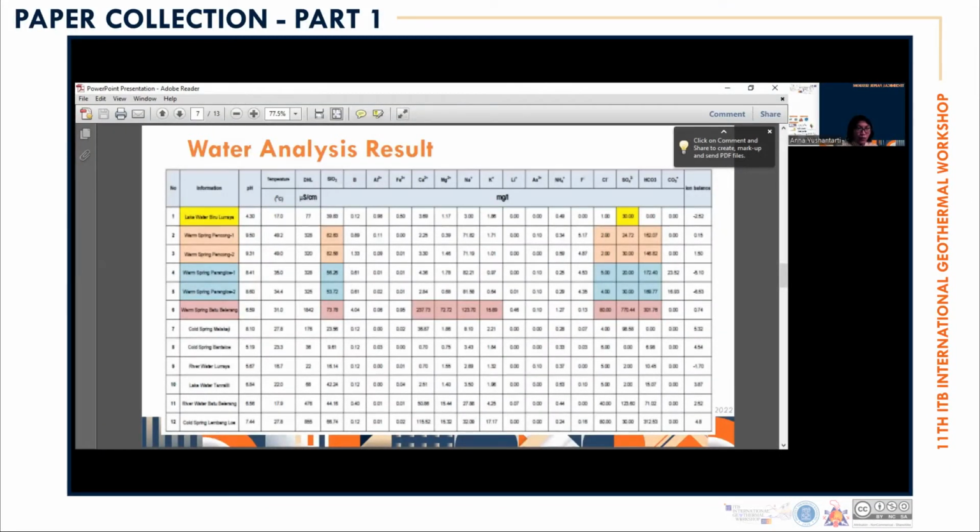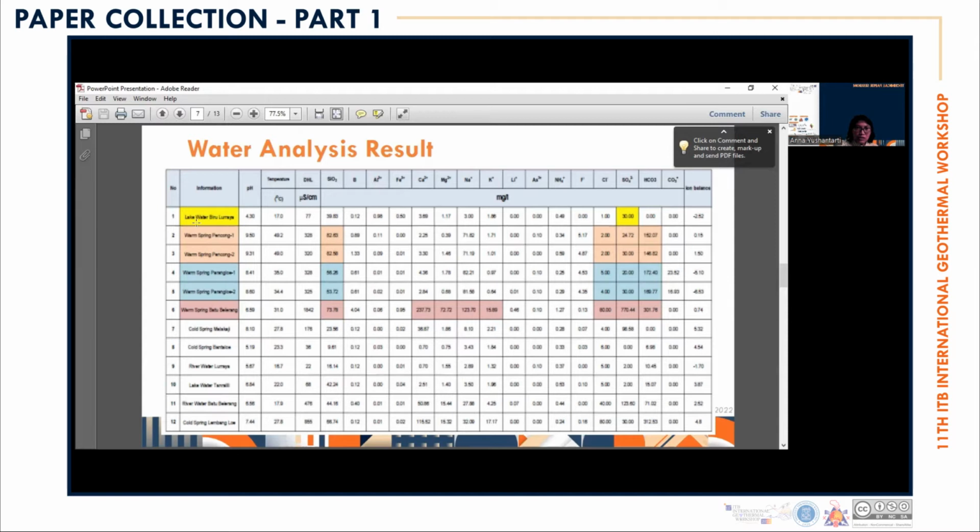Whereas the warm springs of Paranglo and Pencong have lower concentrations, but bicarbonate is more dominant than the other components.